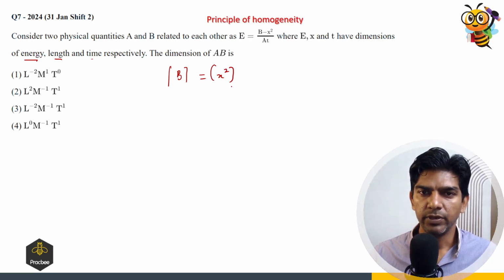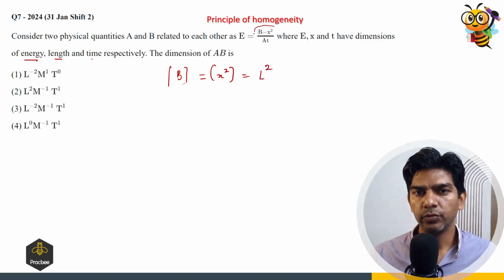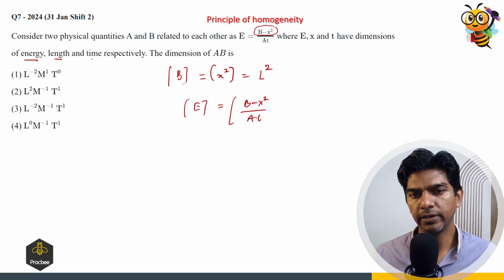So let us simplify this. So the dimension of b will be what? x is length, so that will be L square. So we got the dimension of numerator, which is L square. So dimension of E will be same as the dimension of b minus x square divided by at.